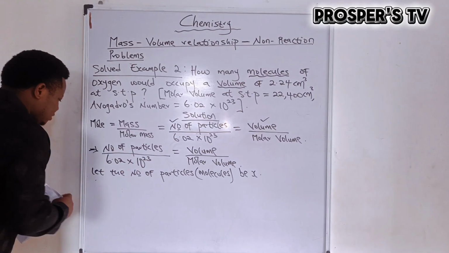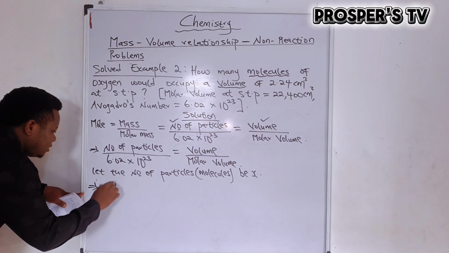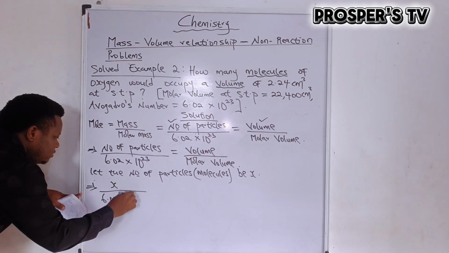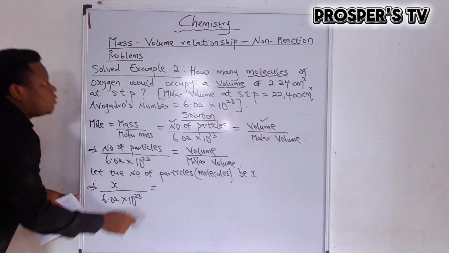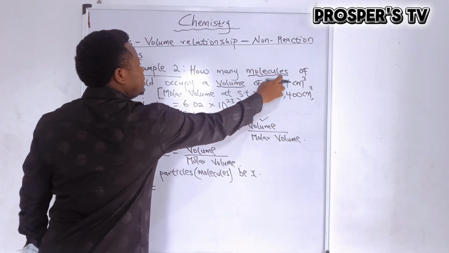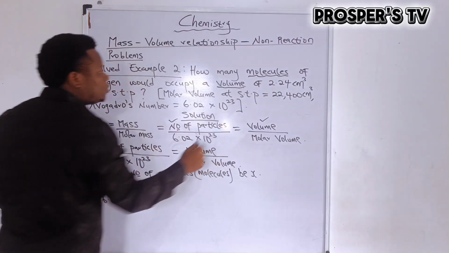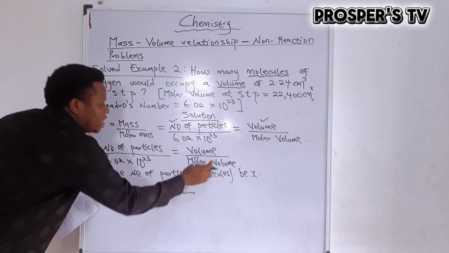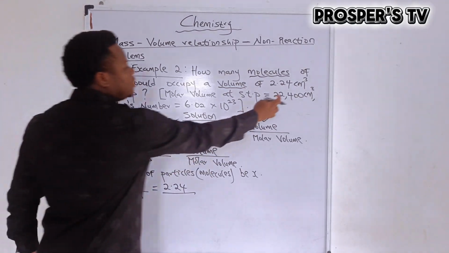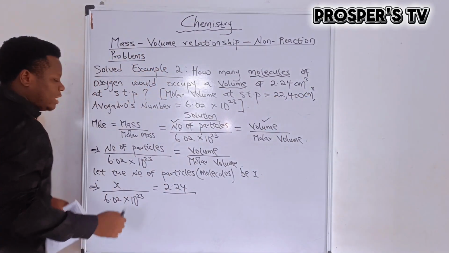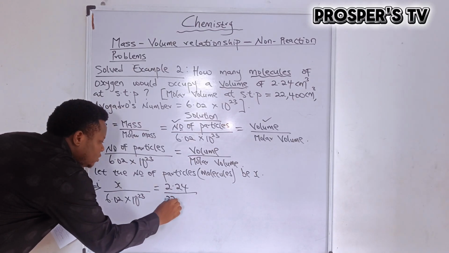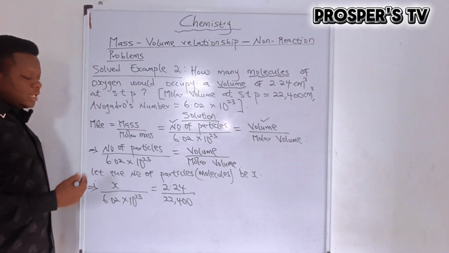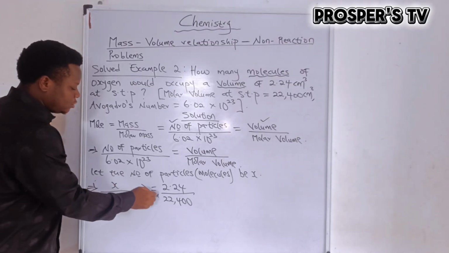So in place of number of particles, I'm going to be writing X divided by 6.02 times 10 raised to power 23 equal to the volume given for the gas, which is oxygen, 2.24 cm cube. When you are using your molar volume, you should be making use of 22,400 cm cube as given there. Once you've gotten your equation like this, the next thing you do is cross multiply as usual.